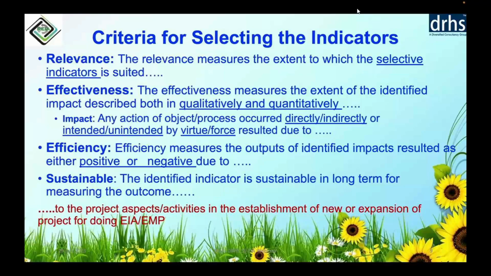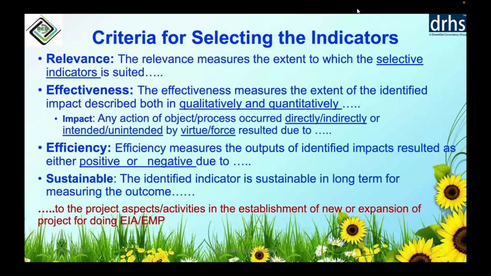There should be some relevance in the context of your EIA or EMP report. Some effectiveness, either positive or negative, directly or indirectly, that you can measure from that particular variable. Efficiency, what I told you, the positive or negative measurement. And sustainable, in terms of whenever you are defining it: that particular indicator's reading or data is constantly coming to you and you are using the same set of data in all EIA reports.